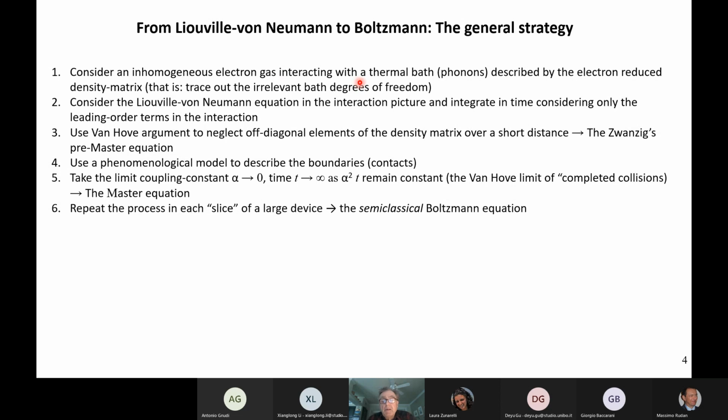The density matrix will be expressed on a basis of functions which are the eigenstates of the unperturbed Hamiltonian that contains not only the kinetic energy of the electrons, but also the external potential that we have applied, but not the interaction with the phonons that will be considered as a perturbation. We proceed by using the argument that Van Hove gave.